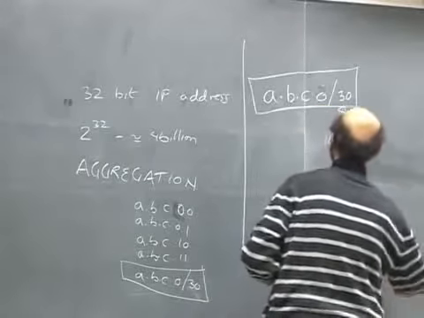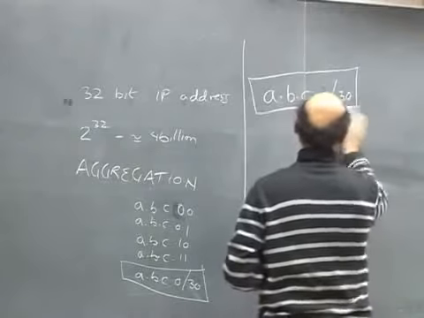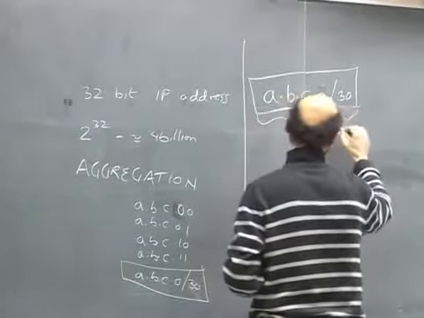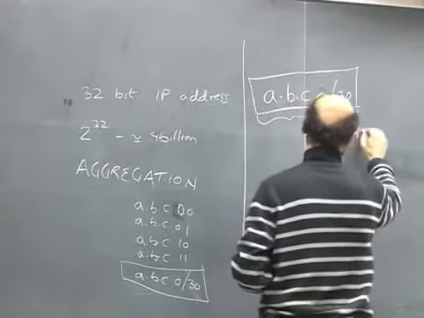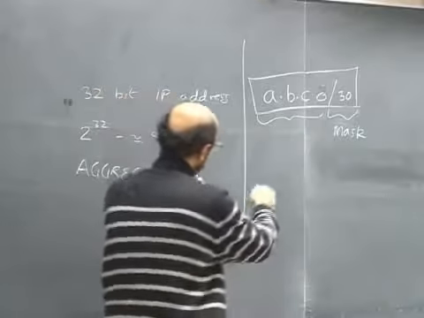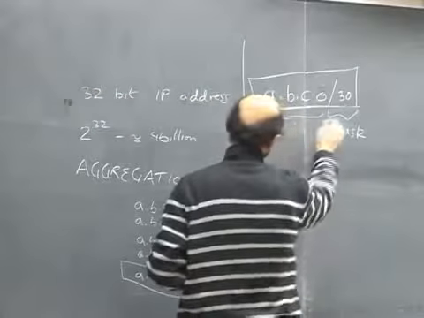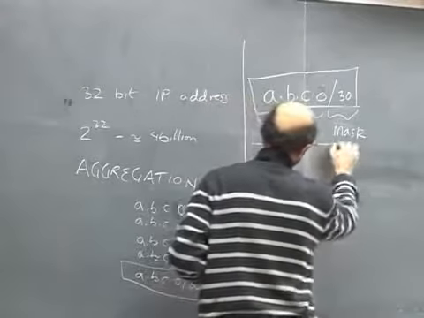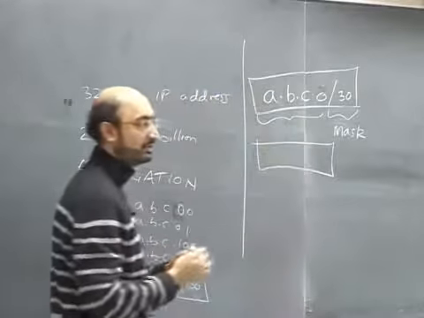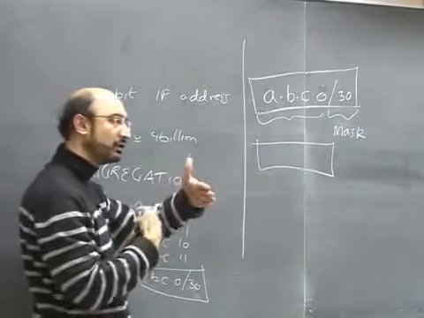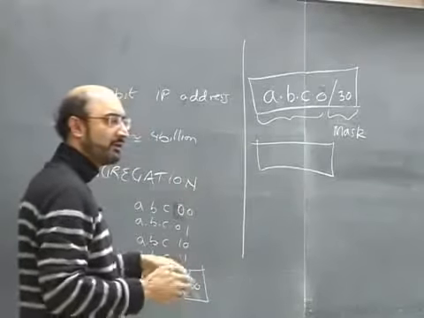So we want to mask; this is the size of the mask. The length of the mask is 30, so we have 30 bits that we're looking at, and everything else we are going to ignore.